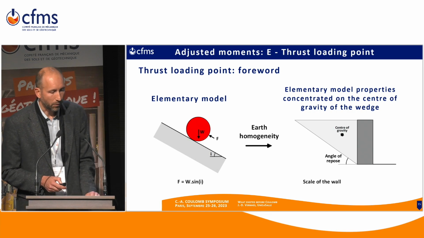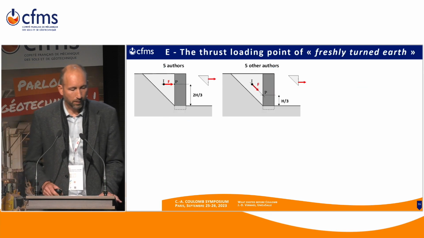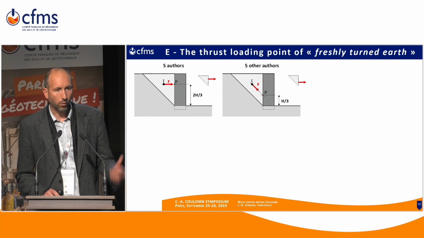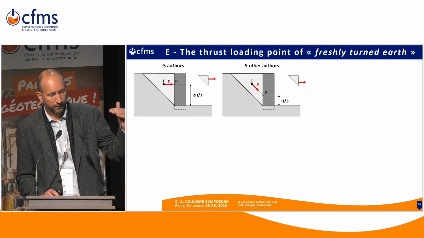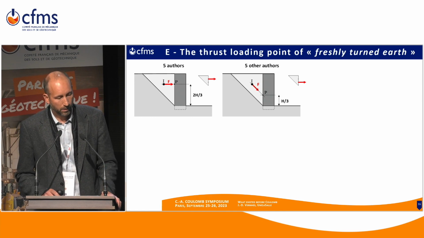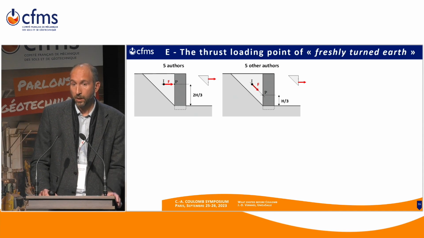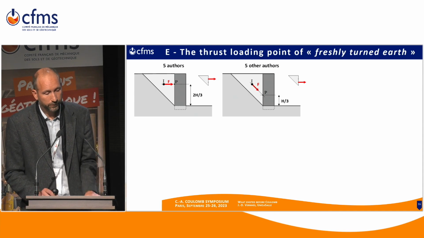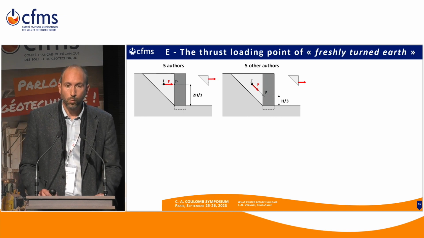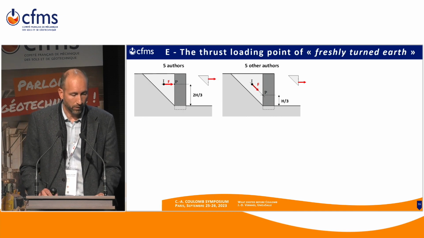So having said so, if we consider what the authors made, well, all those who had defined a horizontal force, a thrust on the wall, of course, were bound to find a 2/3 of the height lever arm. Those, on the contrary, who used an inclined force found a 1/3 of the height of the wall lever arm.